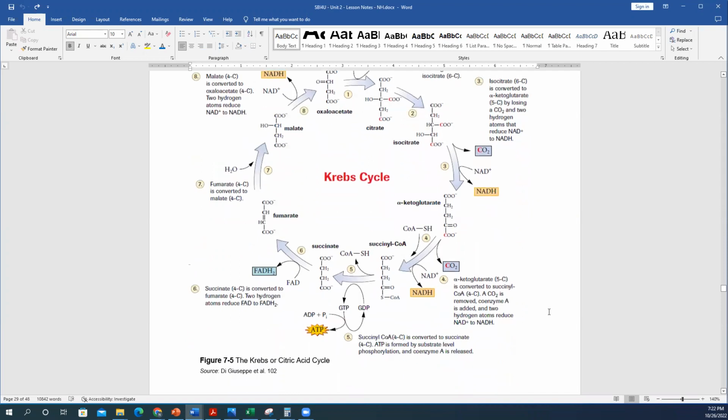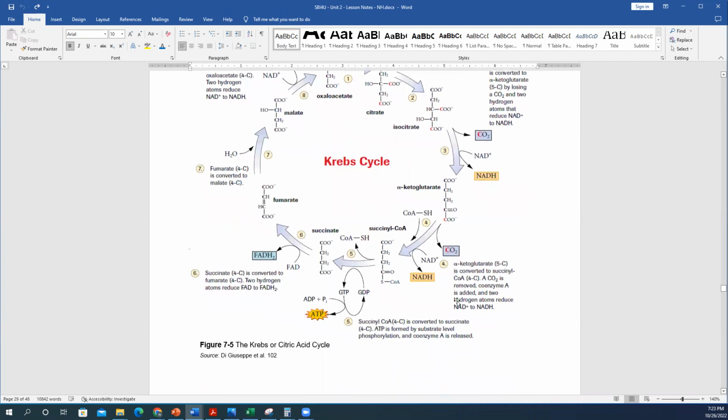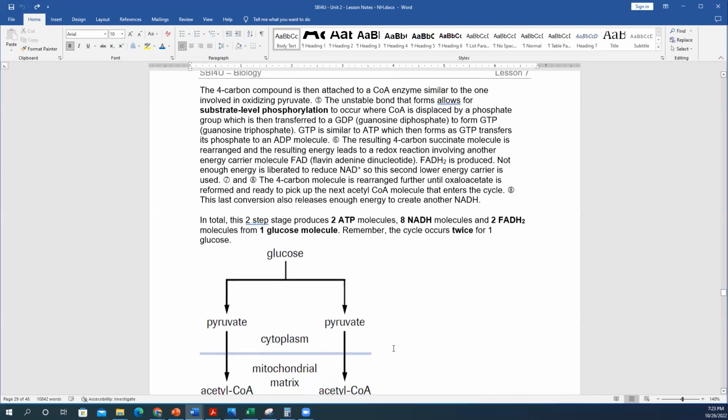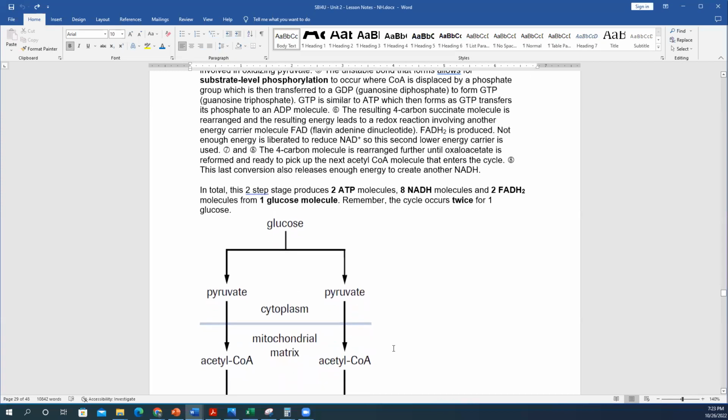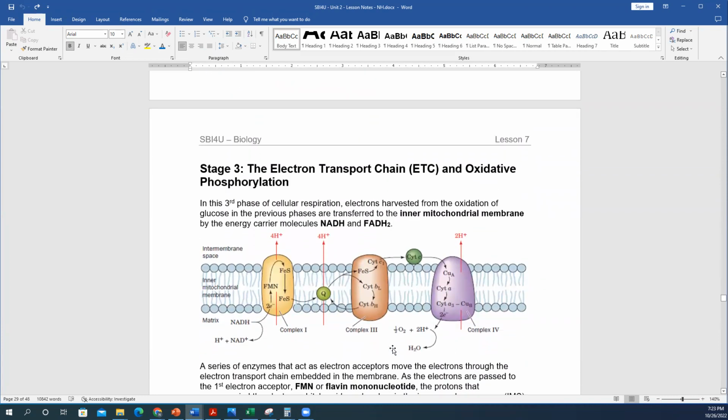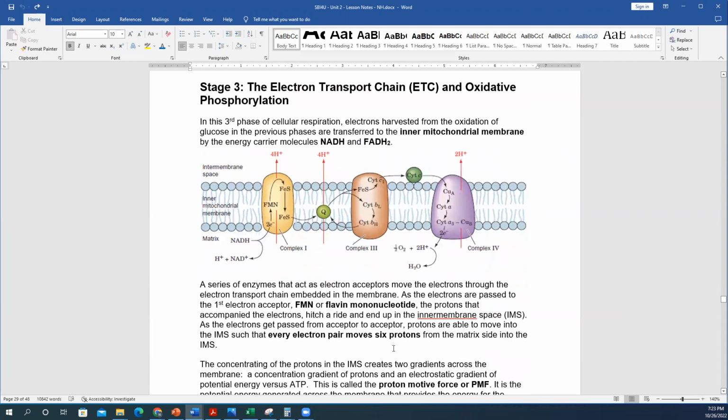So I wanted you to notice that you make one ATP, you get 2 molecules of NADH, then you make 1 molecule of FADH2. And then I wanted you to take those molecules and see for every NADH and FADH2, how many ATP molecules can you make? And that's how you would approach solving that problem.